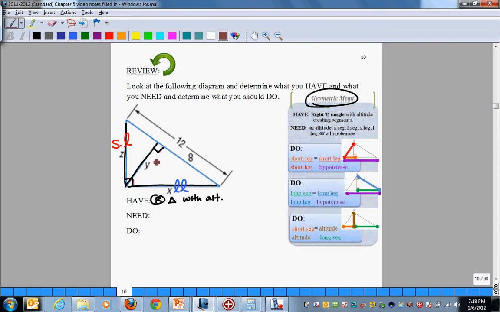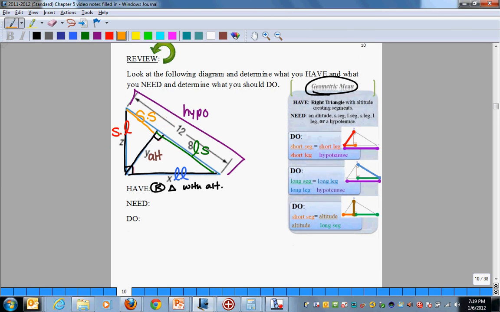Our Y is our altitude. 12, the entire thing, is our hypo. 8 is going to be considered the long segment, so we're going to use LS. And what we don't know here, that's going to be our short segment, so we're going to do SS. So now we have labeled everything that we can label. We have three different variables, so we're going to work with potentially three different geometric means. So let's set up our means here.